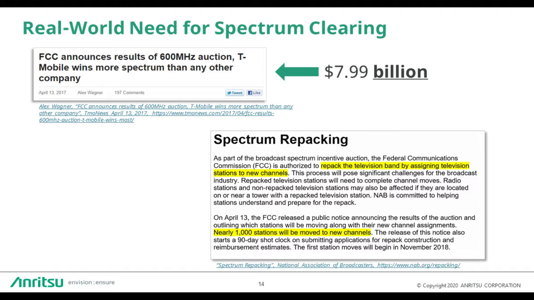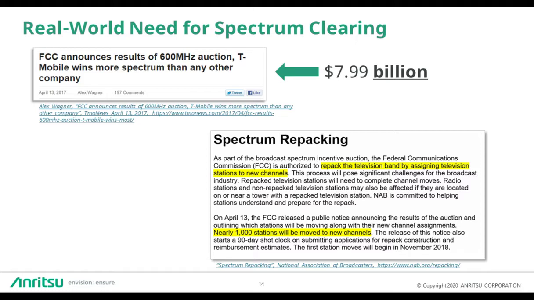So a couple of real-world examples for spectrum clearing. This is a cellular example, but I think it applies to anybody who has been given resources. In this case, recently in the United States, T-Mobile spent almost $8 billion for the right to transmit 5G in this 600 megahertz band.